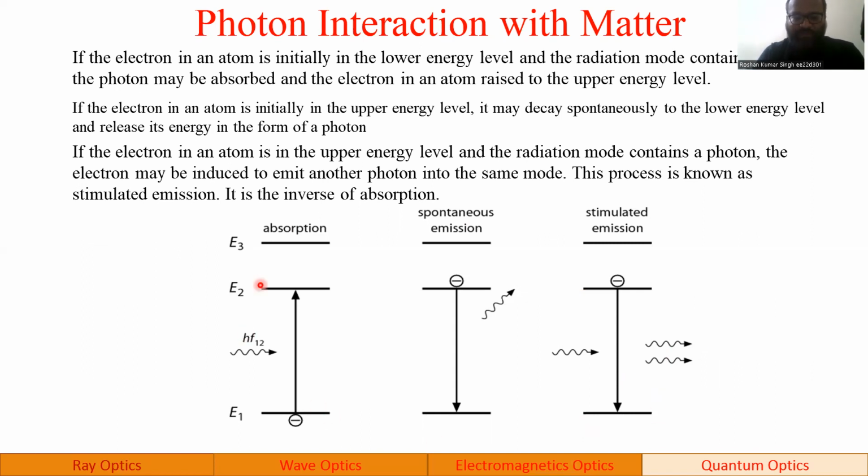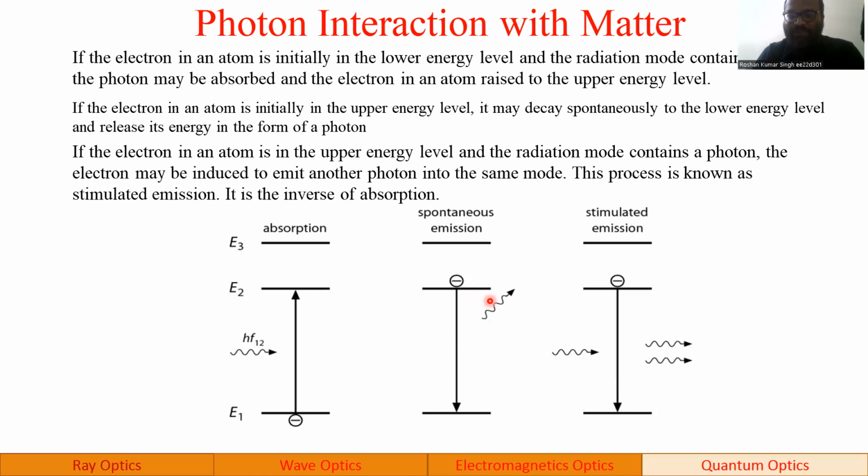Any photon strikes the atom. If the atom absorbs the energy and goes to the excited state, then it is called absorption. For absorption, it is necessary that the frequency of the photon must match the energy difference between the energy levels. Otherwise, it just passes through the material and can't absorb that energy.